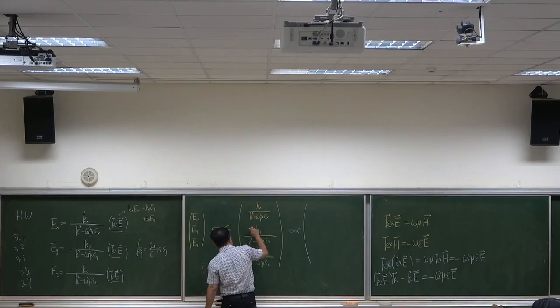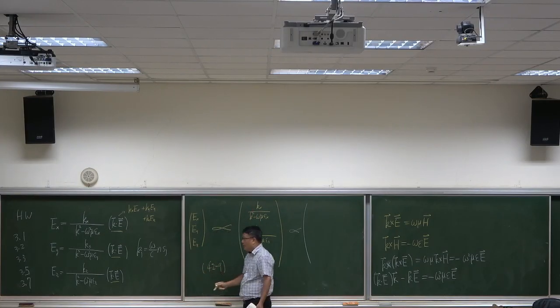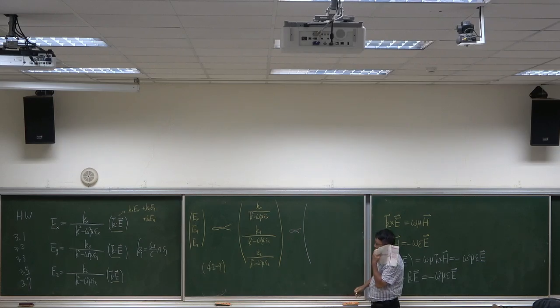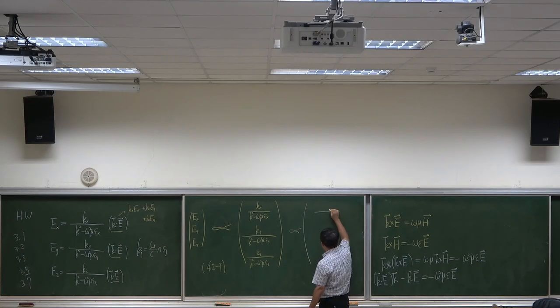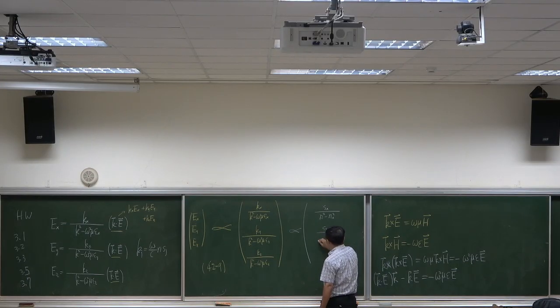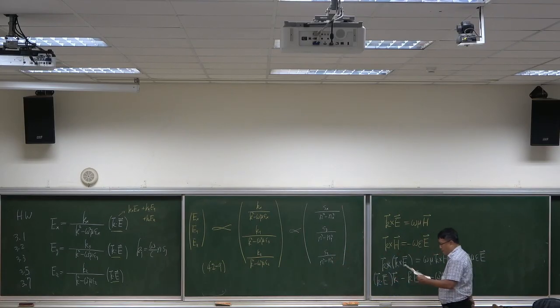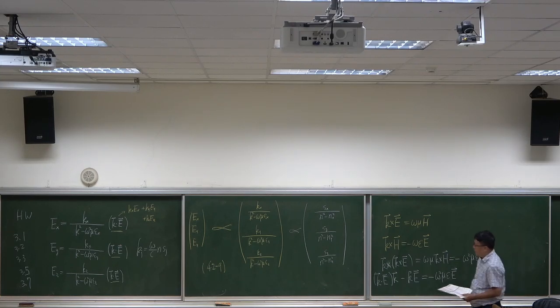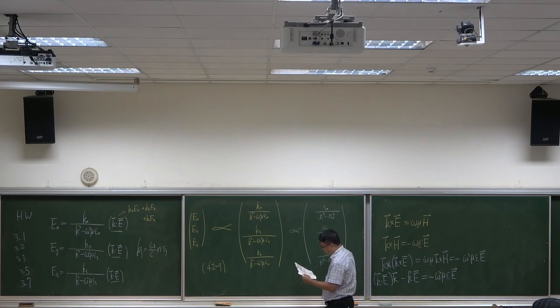Since all three components have the same factor n and omega over c, we can ignore them and write Sx over n squared minus nx squared, and Sy over n squared minus ny squared, and Sz over n squared minus nz squared. This is also the expression of the polarization of the E vector.